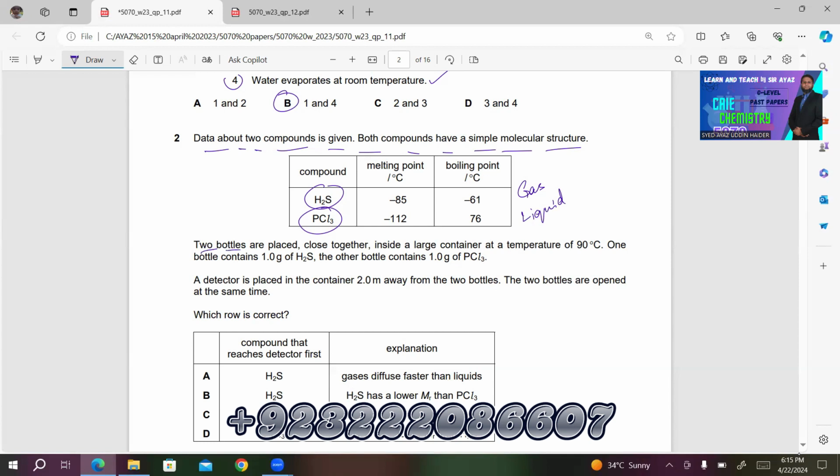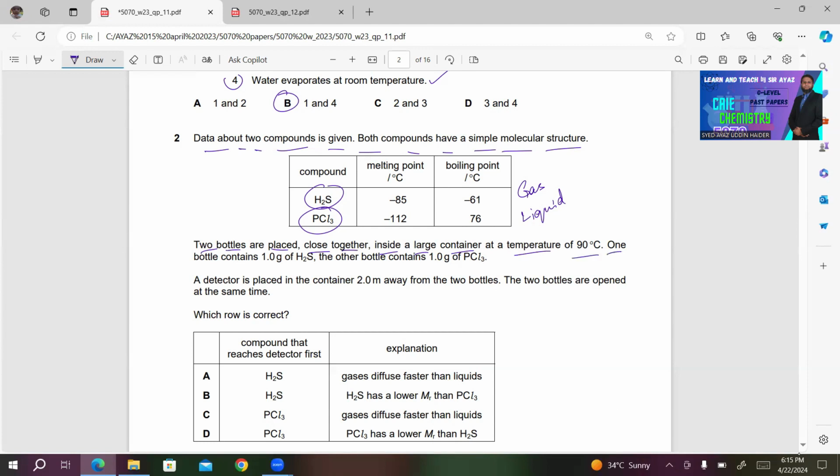2 bottles are placed close together inside a large container at a temperature of 90 degrees centigrade. One bottle contains 1 gram of H2S. The other bottle contains 1 gram of PCl3. A detector is placed in the container 2 meters away from the 2 bottles. The 2 bottles are opened at the same time.